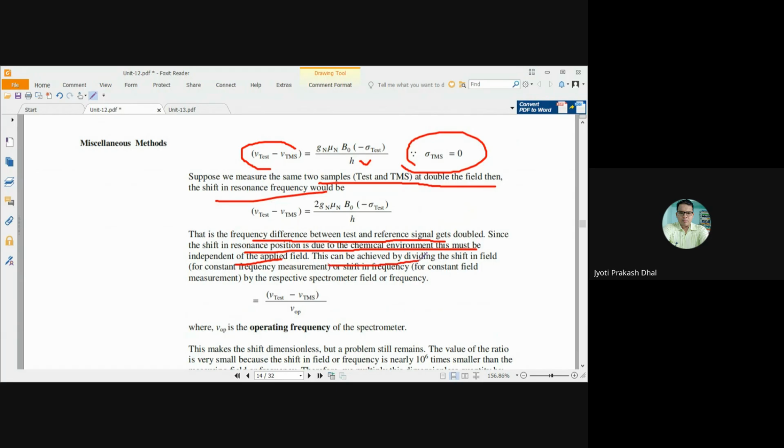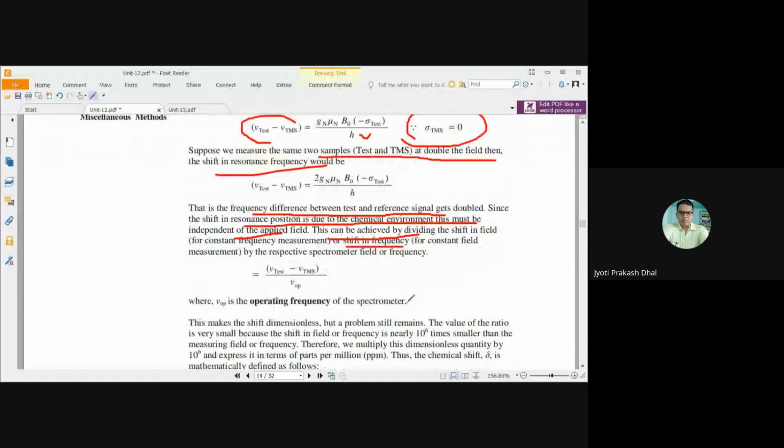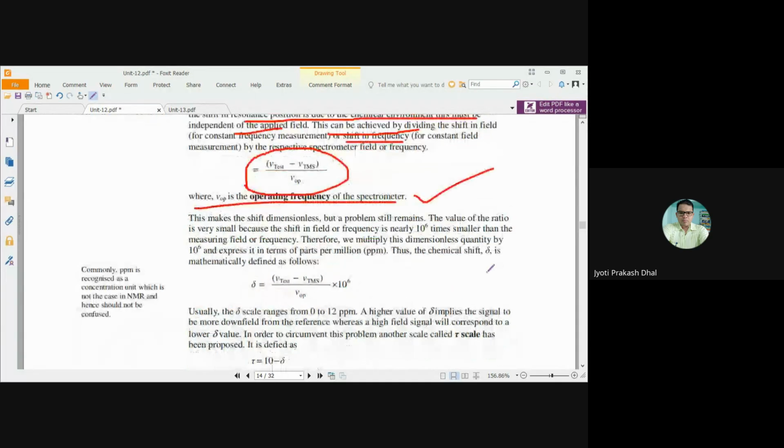This can be achieved by dividing the shift in field or frequency by the respective spectrometer field or frequency, and hence the chemical shift equals nu test minus nu TMS divided by nu OP. OP means the operating frequency of the spectrometer. So this makes the shift dimensionless.